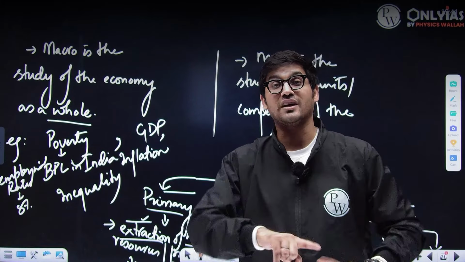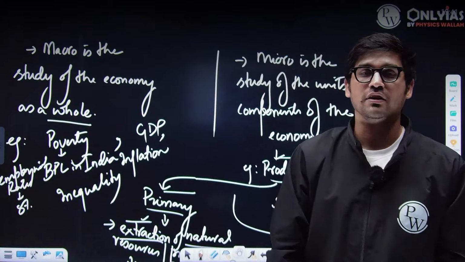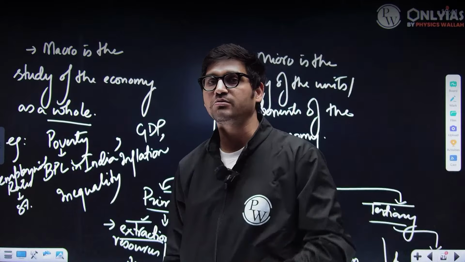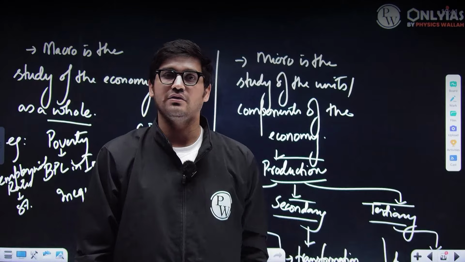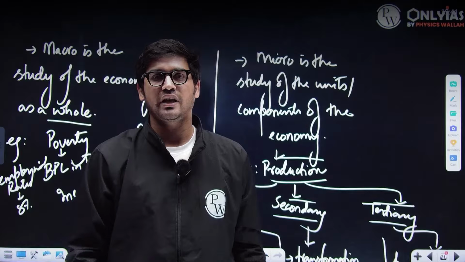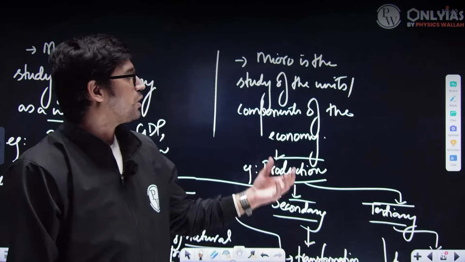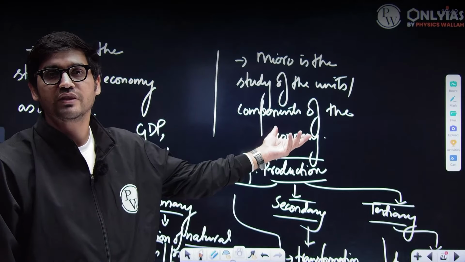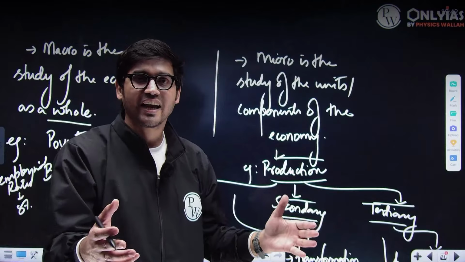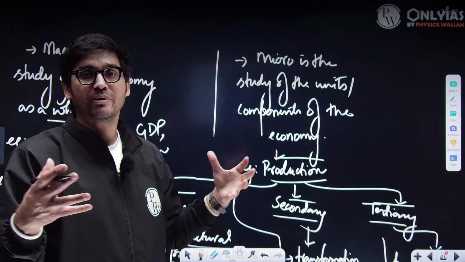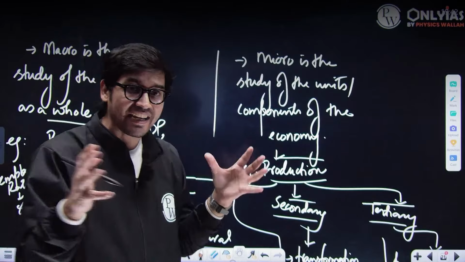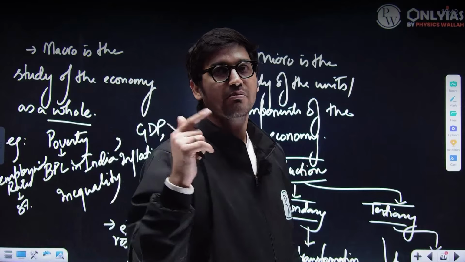But if you are talking about consumption of shoes in India, then you are talking about a specific item, micro. If you are talking about production of cars in India, then you are talking micro. It's very simple. When we are talking about some components of the economy, but not the entire economy, then micro. If you are talking about the whole economy taken together, the economy in aggregate, everything combined, then macro.